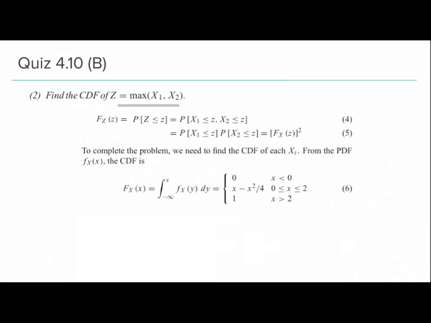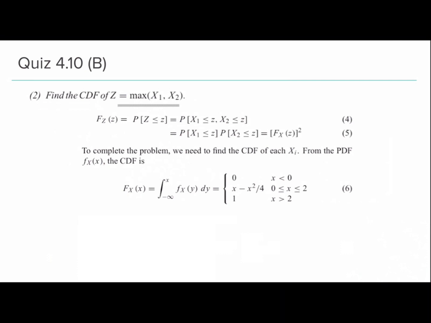So Fx of x is equal to the integral of fx of y dy from minus infinity to x. If x is less than 0, the PDF term fx of y will be equal to 0.